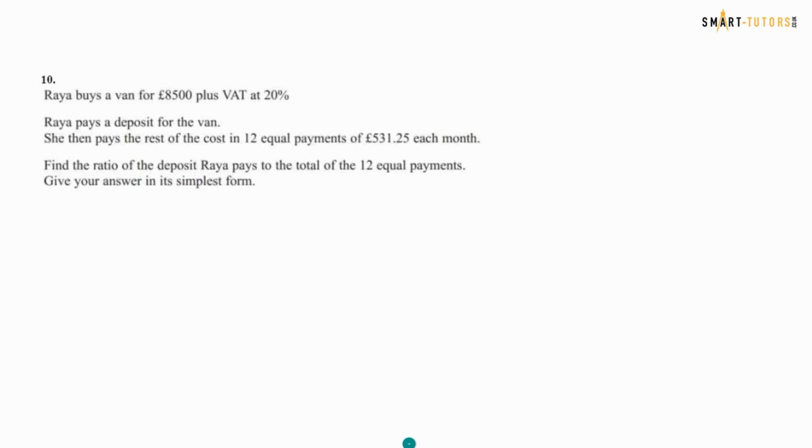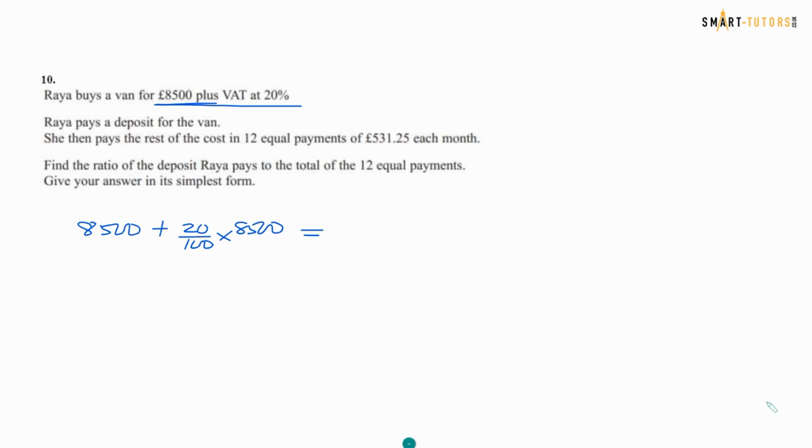Question number 10. Raya buys a van for 8,500 plus VAT at 20%. It's a calculator paper, so you need to make use of the calculator. So 8,500 pounds is the van, plus 20% VAT, so 20% of that value is what?